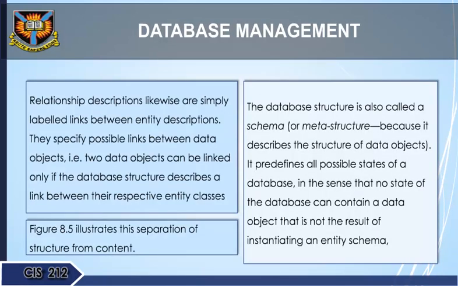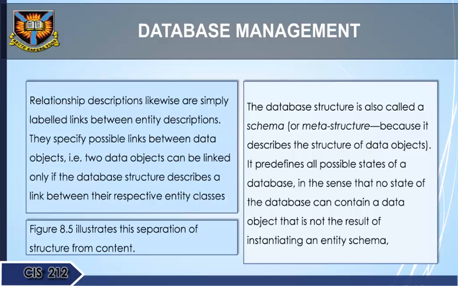Relationship descriptions, likewise, are simply labeled links between entity descriptions. They specify possible links between data objects. That is, two data objects can be linked only if the database structure describes a link between their representative entity classes. Figure 8.5 illustrates this separation of structure from content.